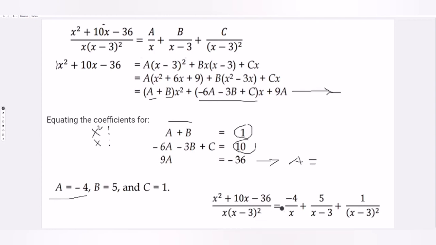It is equal to, just substitute a here, so just observe the comparison: a is equal to -4 over x, plus 5 over x minus 3, plus c, our c is 1, over (x minus 3) squared. So this is our final answer.